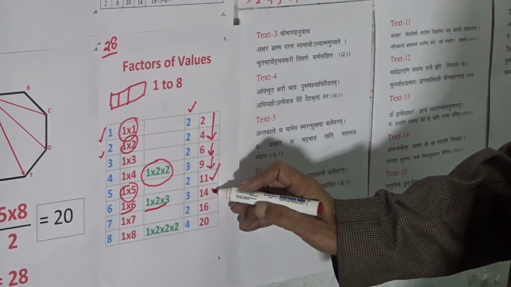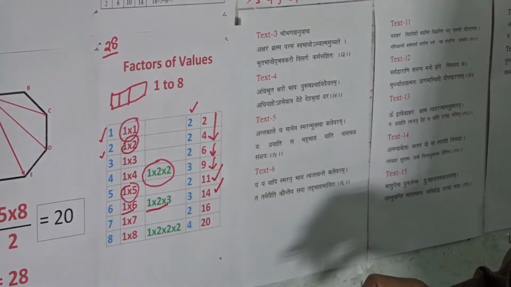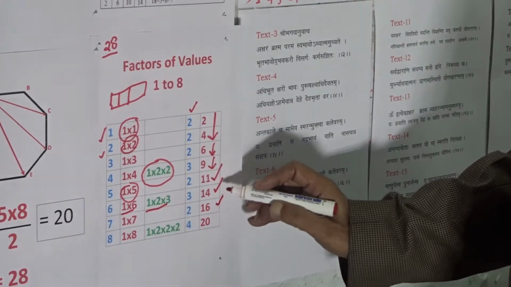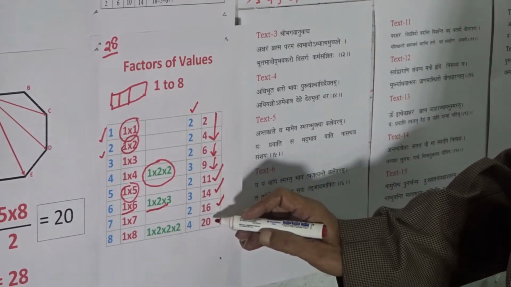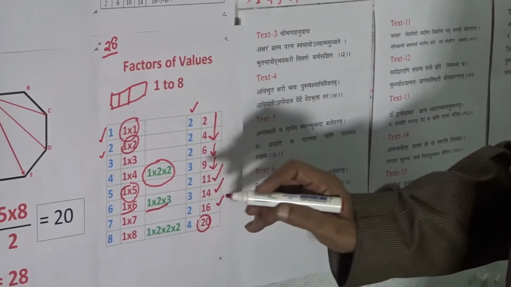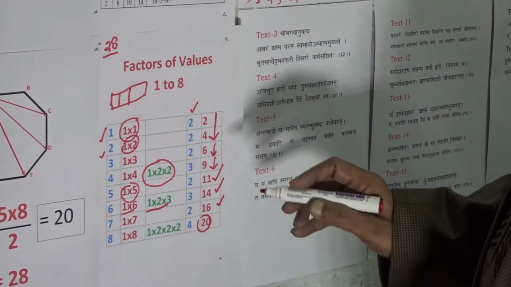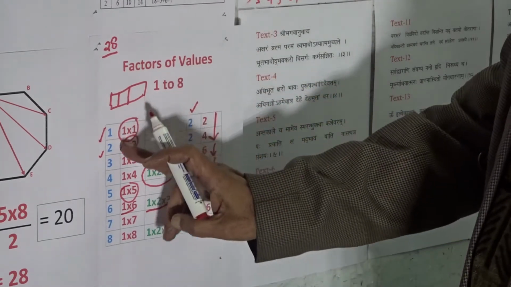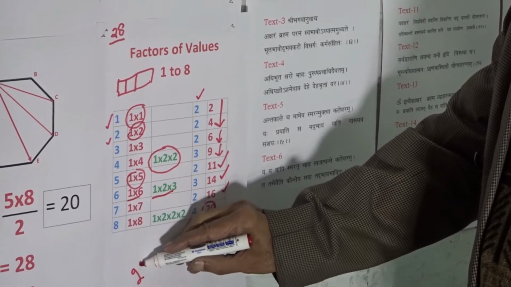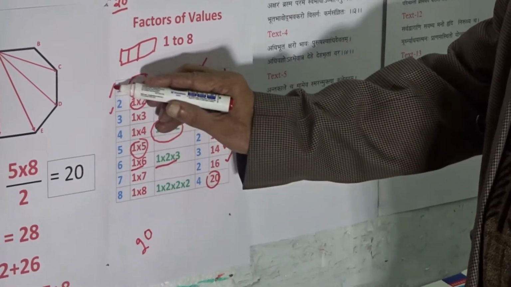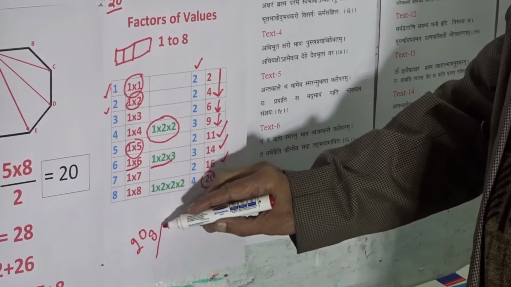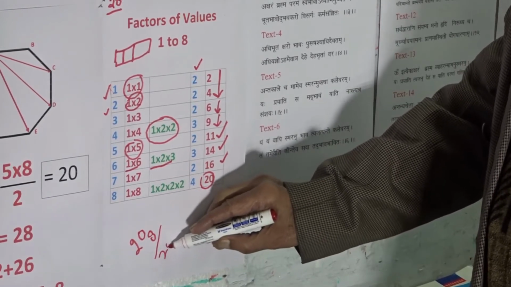The summation value becomes 14. 7 has 2 factors, and 8 has 4 factors, so summation value becomes 20. Values range 1 to 8 is leading us to value 20, and these values are 8. This leads to summation value 28.